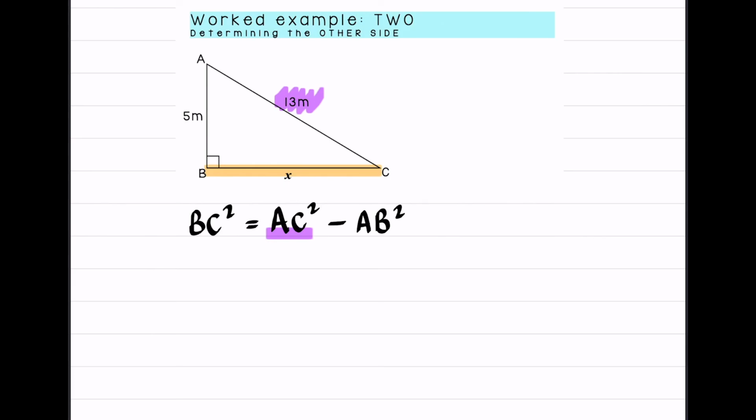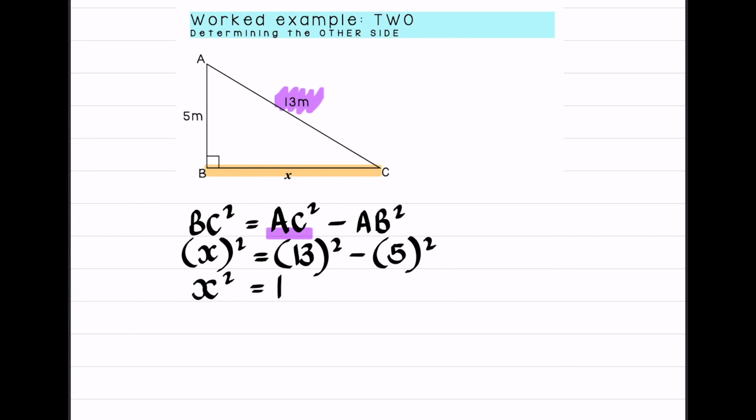BC in this question they've given to us as x, so x squared is equal to AC, which is 13 squared, minus AB, which is 5 squared. So x squared is equal to 13 squared, which is 169, minus 5 squared, which is 25.